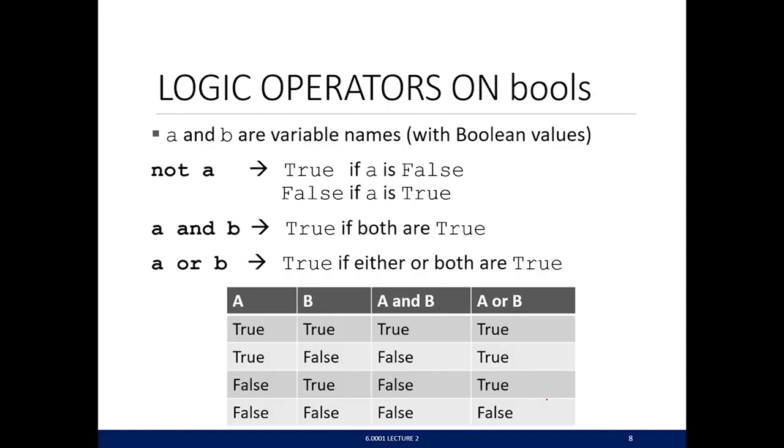So you can use and, or. These are keywords in Python. You can use those two keywords on Boolean variables. And you get the result A and B is only true if both A and B are true. And A or B is only false if A and B are false. Okay, and this is the complete table, just in case you need to reference it.